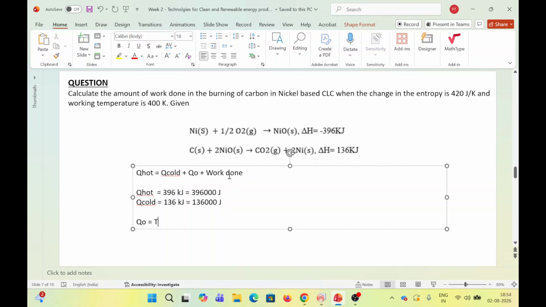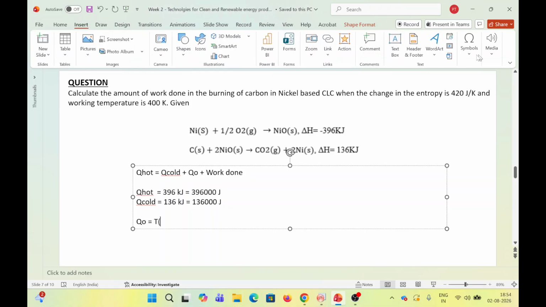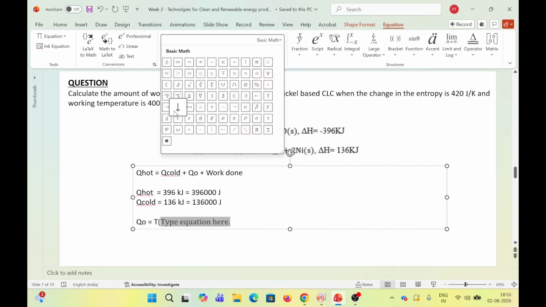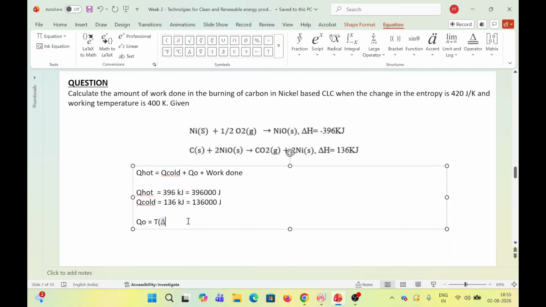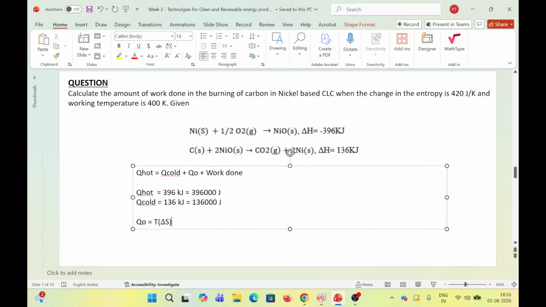Q naught is nothing but T times delta S. So that will be nothing but 400 times 420, because both are in Kelvin units.